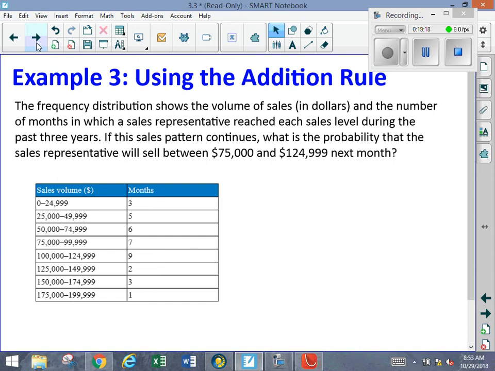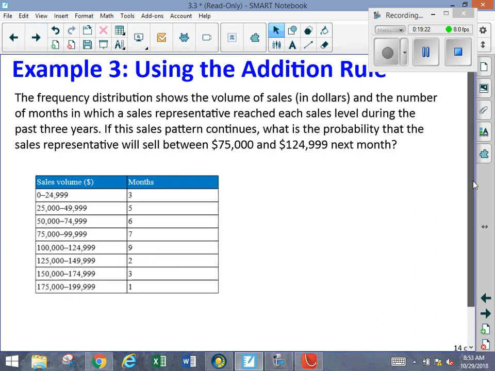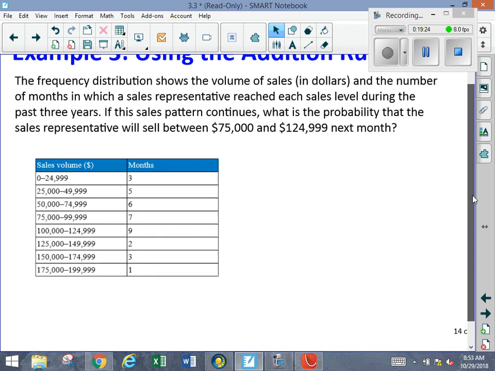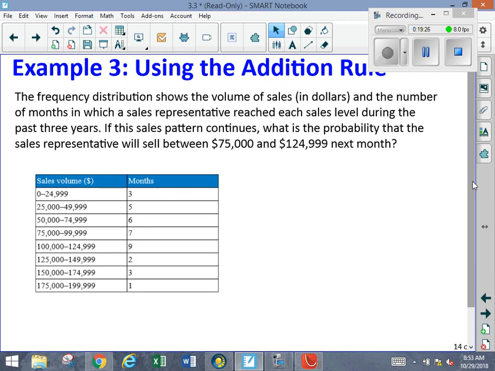All right, so now we've got a table, and we're going to figure out some probabilities. We have the volume of sales and the number of months for each sales level.